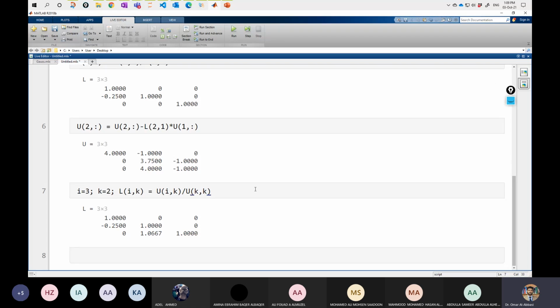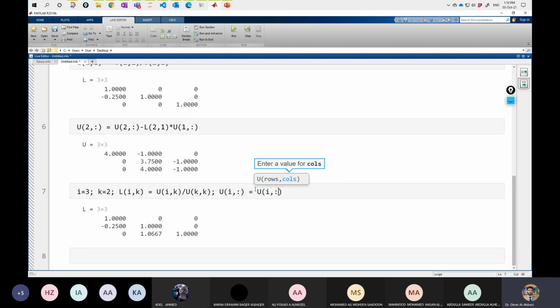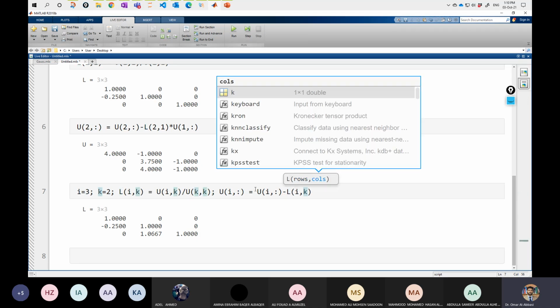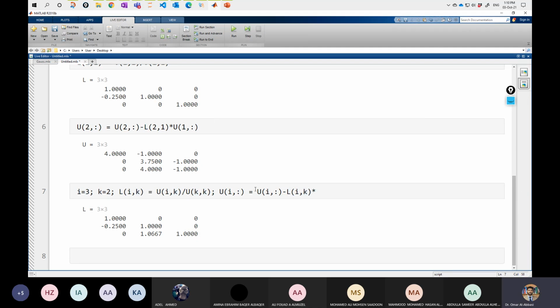Perfect. So in the same line, I can continue. Okay, I can continue saying now the new I row equals the old ith row minus lambda, which previously we called lambda. This time it is L I comma K multiplied by the pivot row.